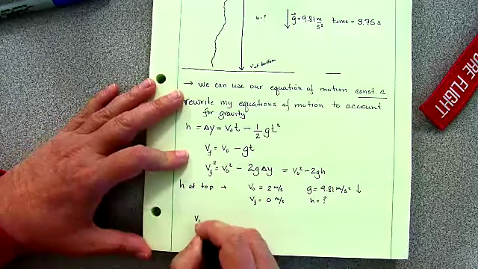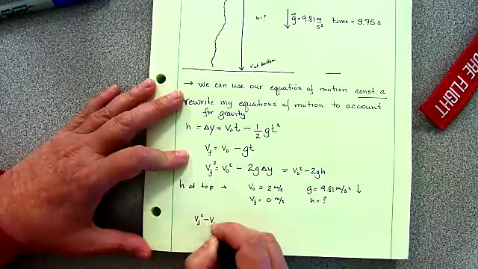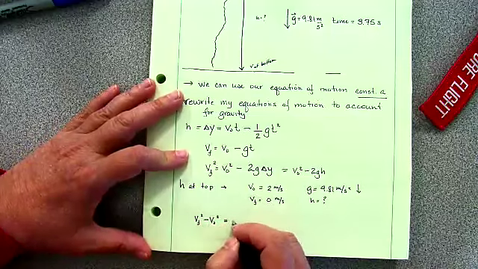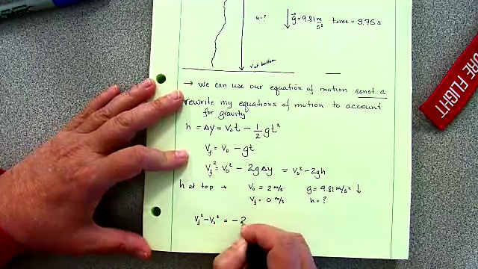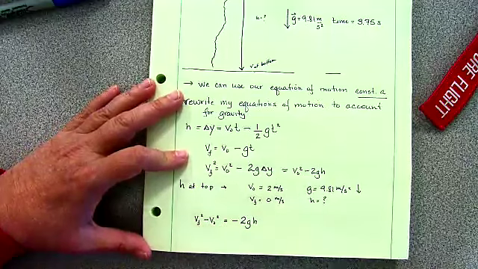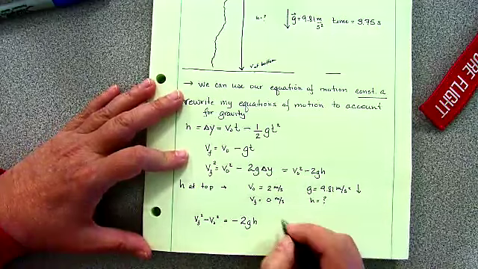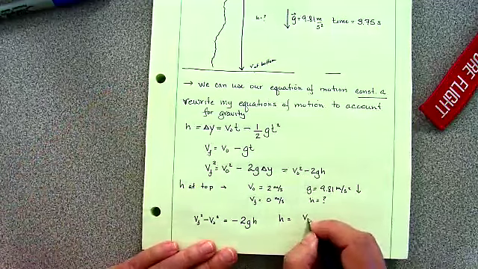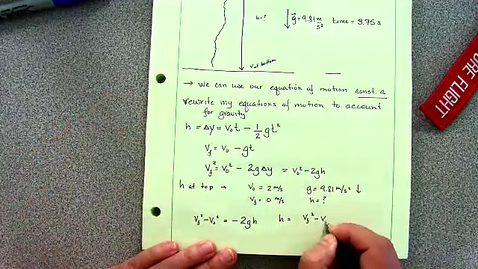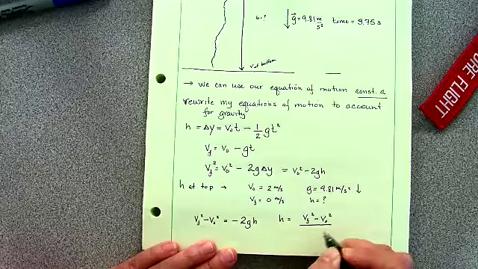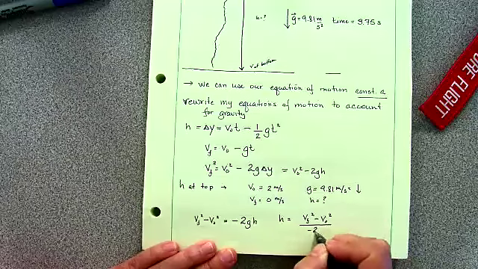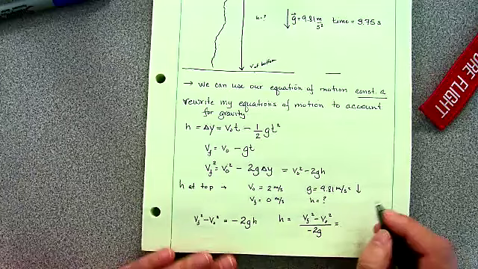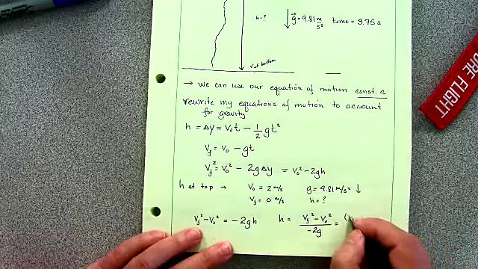So I'm going to have final velocity squared minus initial velocity squared equal to minus 2gh. h is going to equal v final squared minus v initial squared, divided by negative 2g. So let's double check everything. My final velocity is 0.